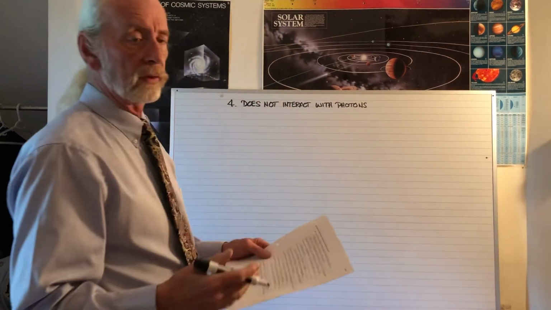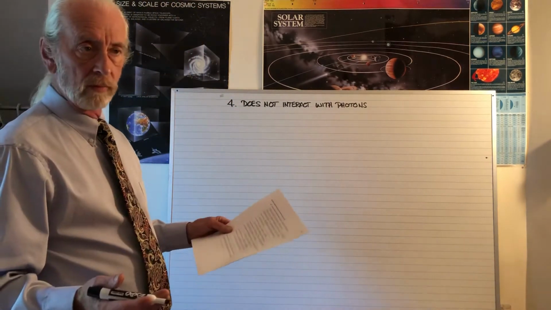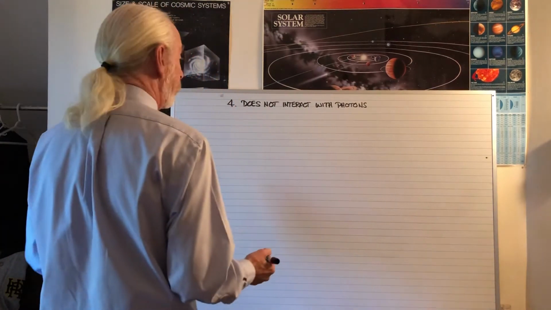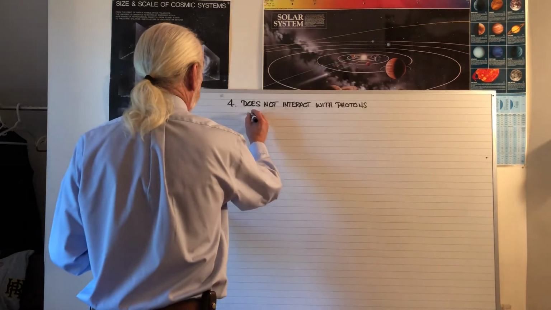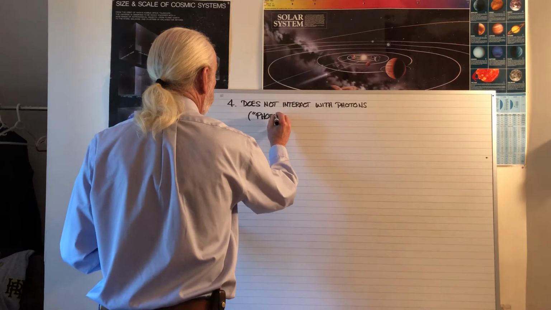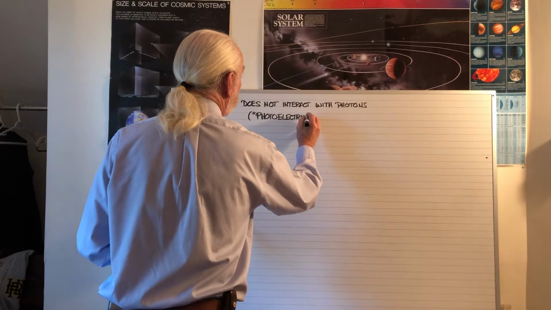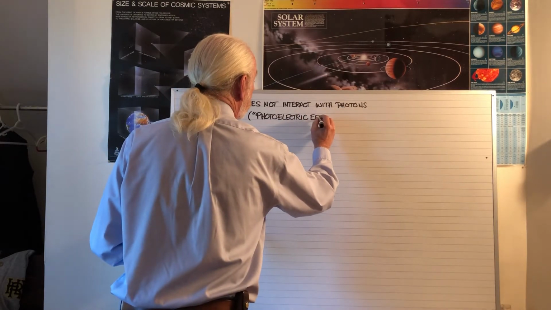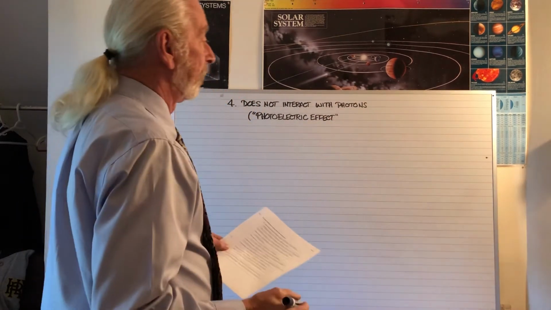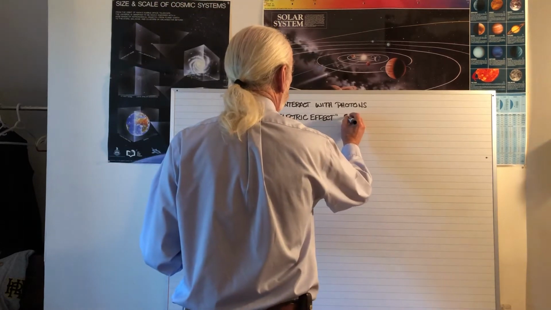Now, we talked about photons in the previous discussion. That would be one type of an interaction. And it would also have to do with something called the photoelectric effect, which is a phenomenon that Einstein studied in depth, and that's what he actually did get his Nobel for.